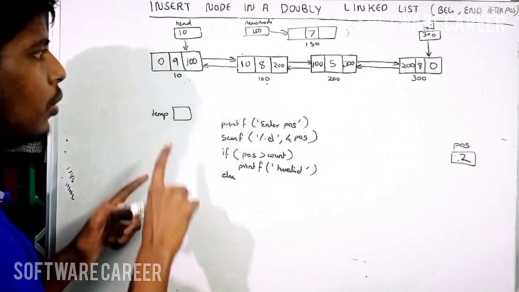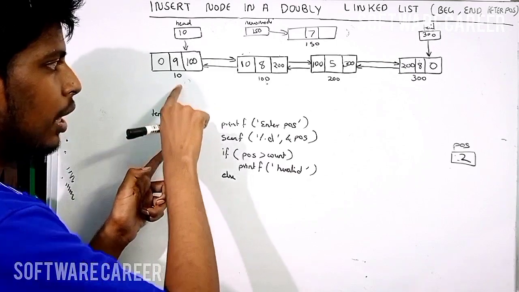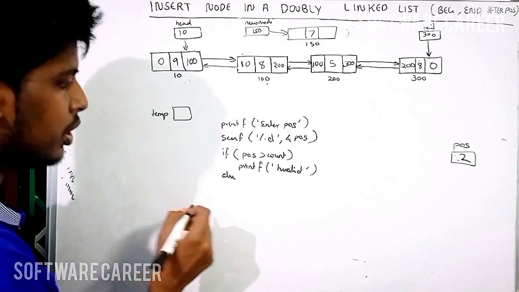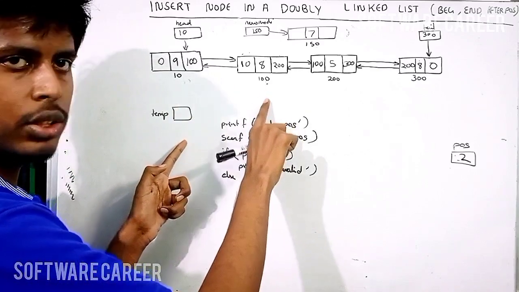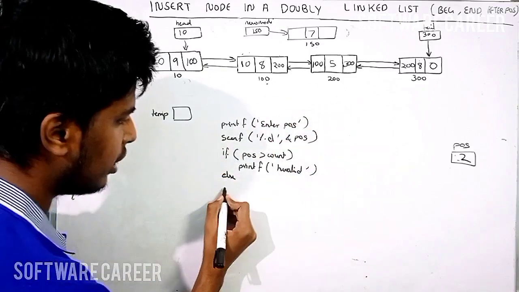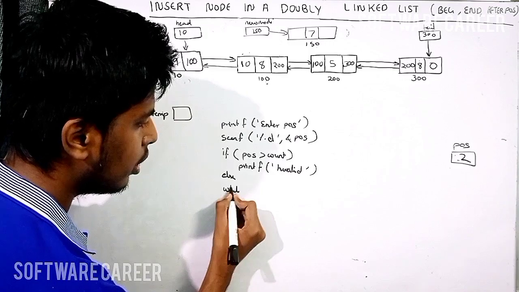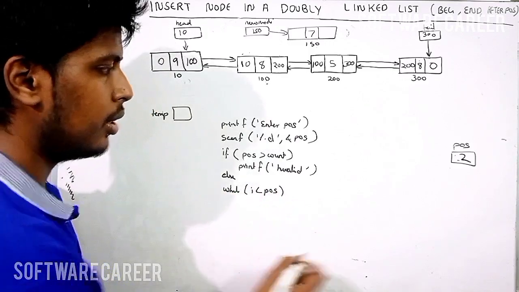So here you have created a pointer called temp and it's pointing to the first node. Now you should stop at this 100. After this you should not move the temp pointer. So what is the condition? Here I am writing while i less than position. What is this i?